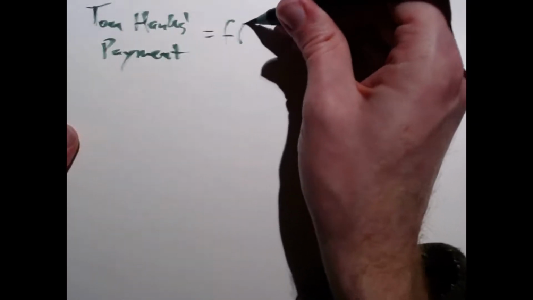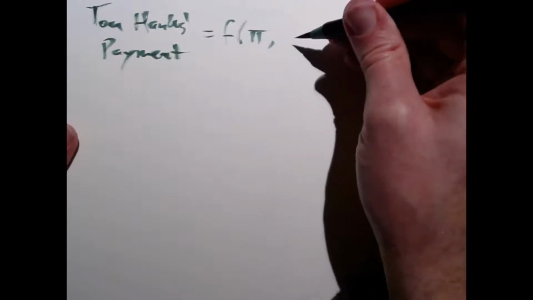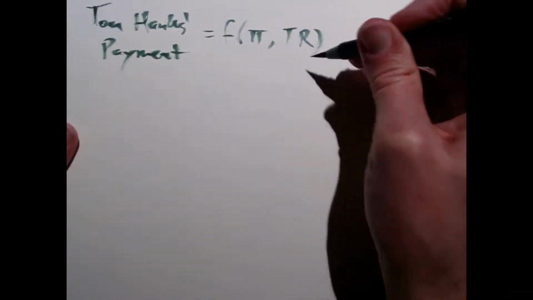So Tom Hanks's payment, right? Does he get $100 million? Does he get what? How much money does he get? This is a function of the profits, but it's also a function of the total revenue.